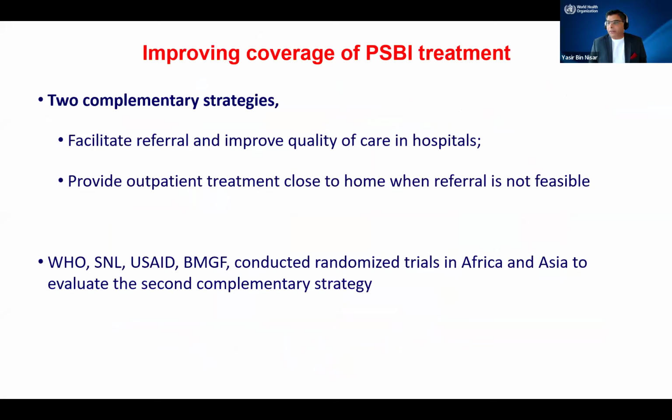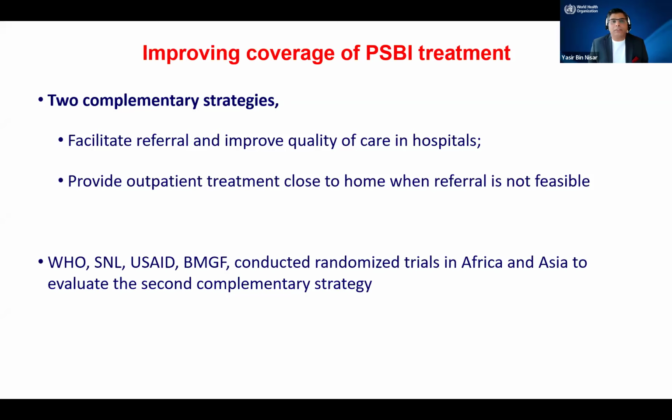So in that aspect, there were two complementary strategies. Number one, to facilitate referral and improve quality of care in the hospital, so that those who need hospital care can reach the hospital immediately, and even in the hospital they can get high quality care with the appropriate antibiotic and other supportive care, including investigations.